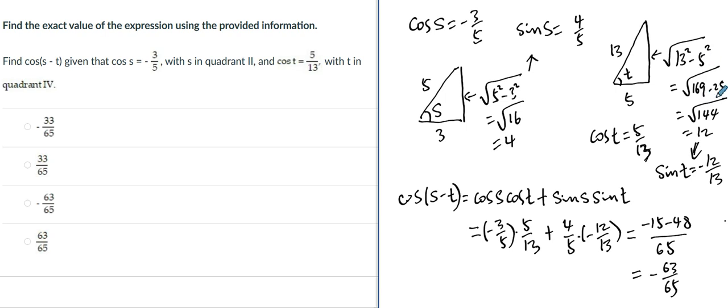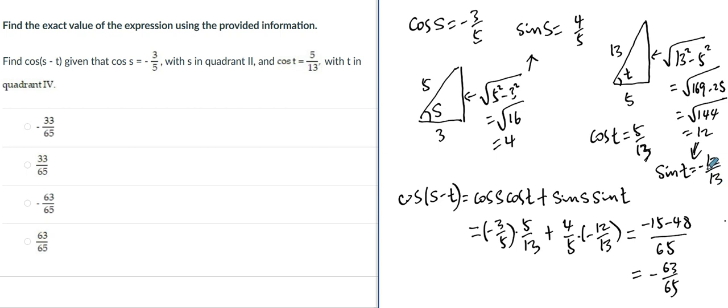So 169 minus 25 gives us 144. Choose the square root, then you get 12. So opposite side 12 over hypotenuse, so you have 12 over 13.